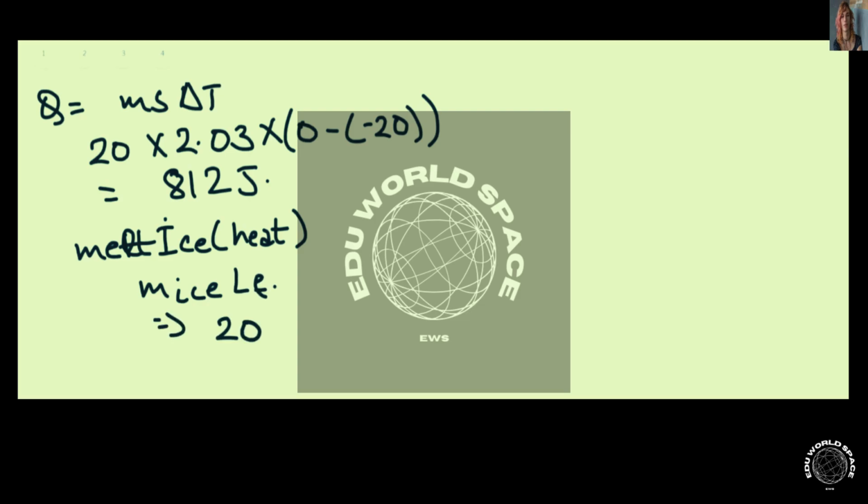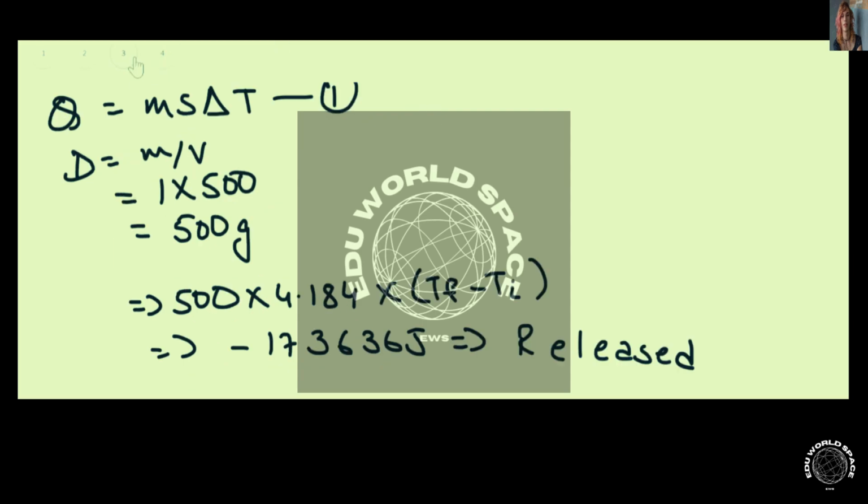So giving us 20 grams for the mass multiplied with 334. The amount of heat required to melt the ice will be 6680 joules. So we have the total amount of heat required to change ice to water at 0 degrees Celsius.